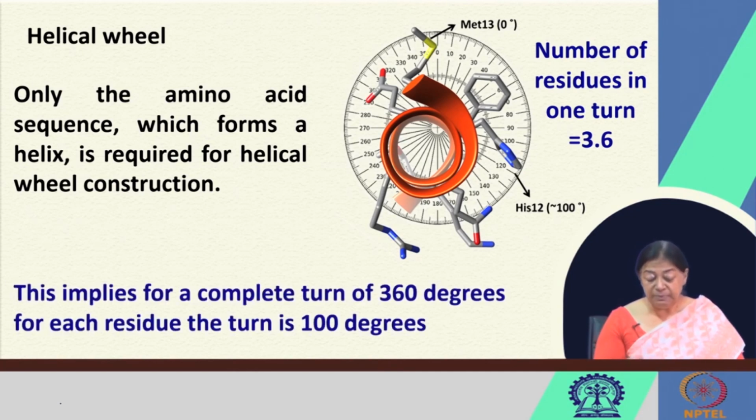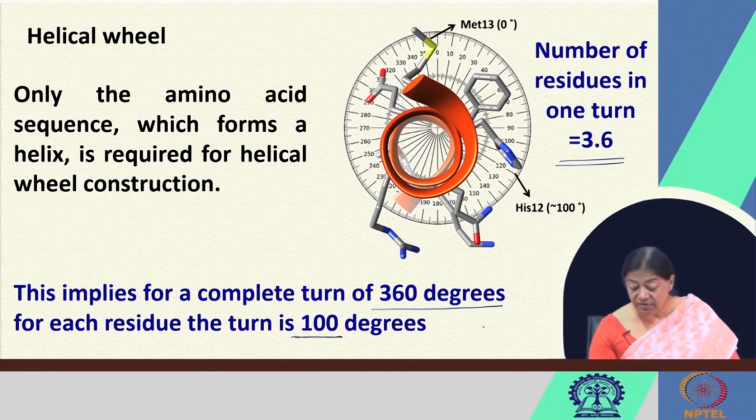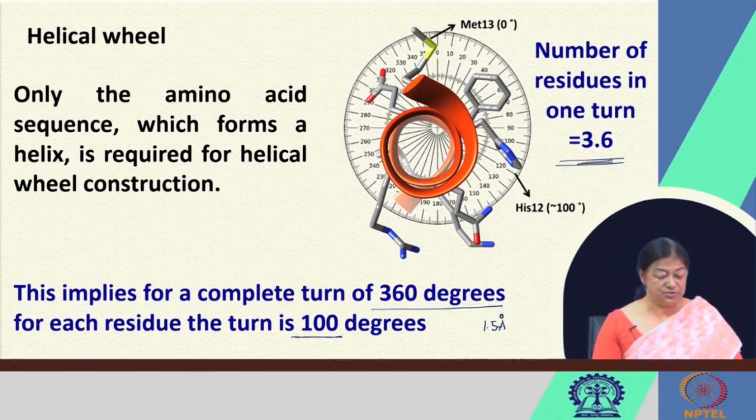So, for a complete turn of 360 degrees, given that we need 3.6 residues, for each residue the turn is 100 degrees and the rise is 1.5 angstroms. That, multiplied by 3.6, gives us the pitch equal to 5.4 angstroms.